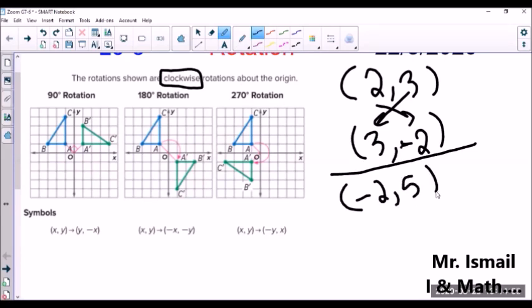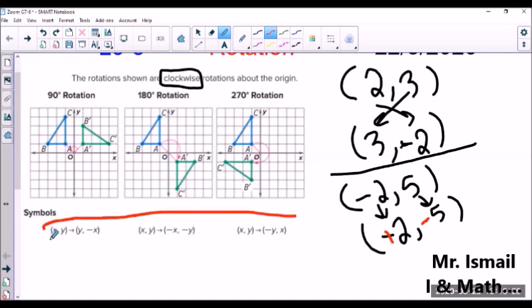When you have 180 rotation clockwise, you multiply both x and y by negative. So -2 will be plus and 5 will be minus. So (-2, 5) will be (2, -5), like that. These rules are very, very important. You have to memorize them to solve any problem.